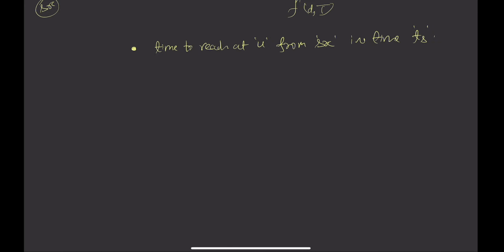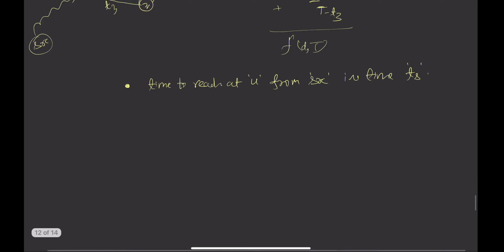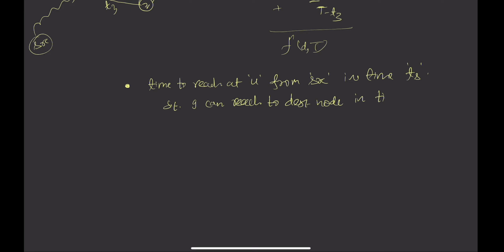The time to reach u from source in time ts, such that I can reach the destination node in time T minus ts, right?